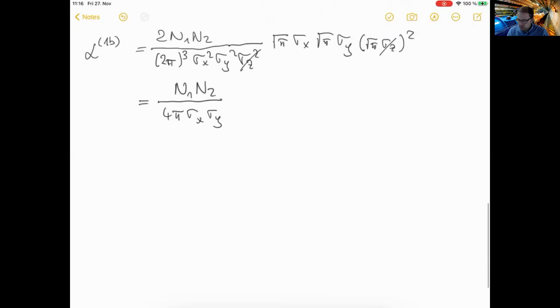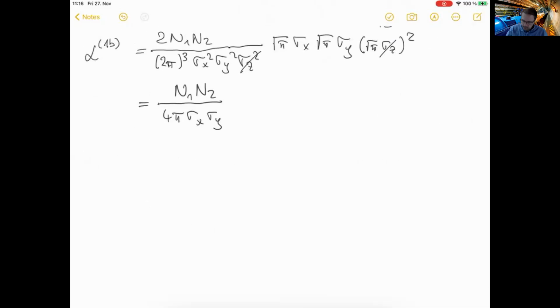Let's take some typical values. At the LHC, sigma x and sigma y at the design is 16.7 microns. In beams 1 and 2, the number of protons, very roughly, I took this from the design specifications, is 115 billion protons per bunch.